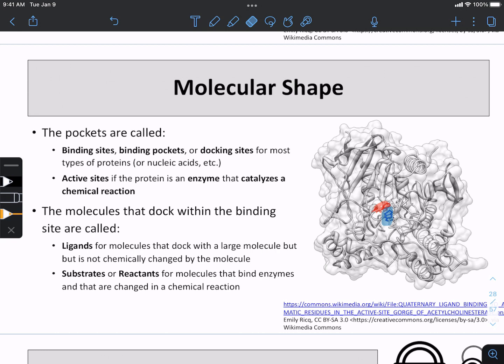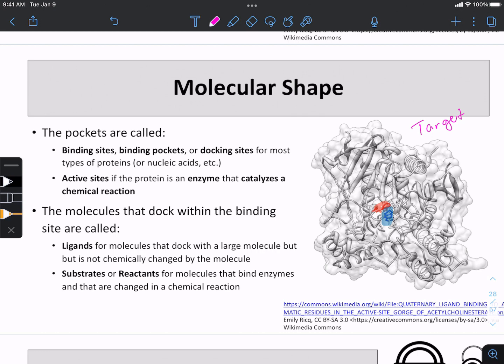And so when we have a protein like that, the protein is typically referred to as the target molecule or the target protein. I have that on another slide coming up. And then the pocket itself is referred to as a binding pocket or a binding site, or sometimes a docking site. Those three terms are used very commonly interchangeably.